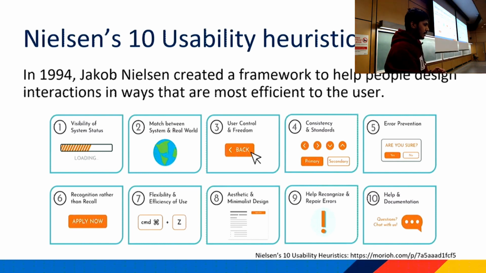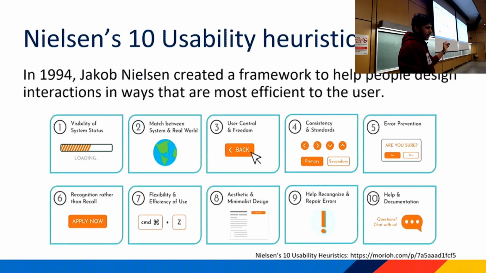So if you're designing a system, a product, a website, or a mobile app, and you consider these 10 usability heuristics, and your system satisfies all of them, then at the end you will design or build a good product.